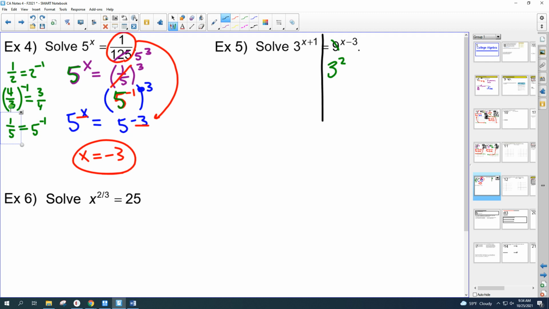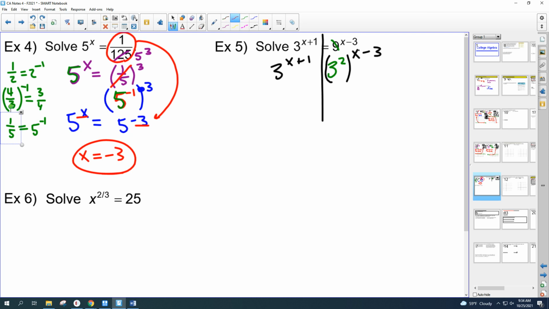So the left side of my equation says 3 to the x plus 1. I don't really need to do anything with that. But on the right side, I've got this 9, and 3 squared is 9, so it's 3 squared to the x minus 3. If you can get a matching base, then you've really done everything you need to do.